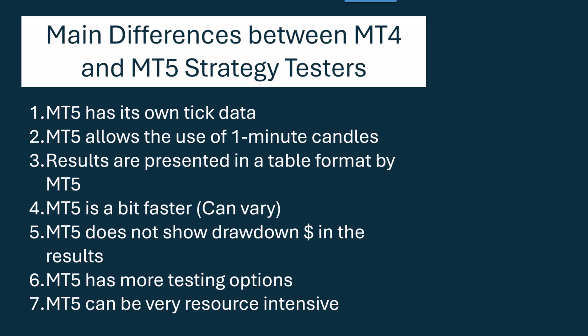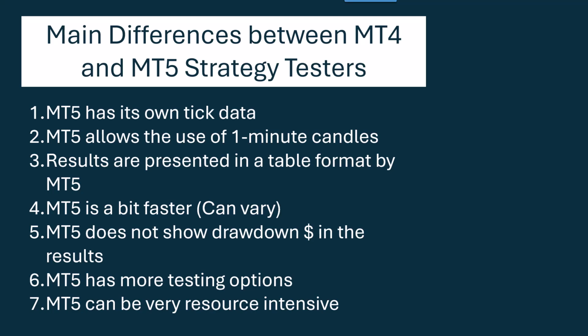Not really that serious, but I import my optimized results into Excel for further analysis, and the table format is much better for Excel. MT5 is a bit faster, and that conclusion can vary, but on the whole it's a bit faster. The one problem I have is that MT5 does not show the drawdowns in dollars in the results, which as you'll see can be very inaccurate. MT5 has more testing options, which we'll see.